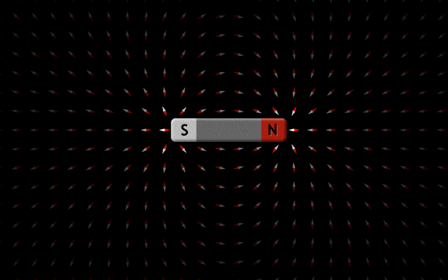Notice as I go to the outer edges of the field here that the needles fade out. The brightness of the needle is intended to give me an idea of the intensity. So I see that the needles that are closest to the magnet are lit up very brightly and that they fade the further I go from the magnet. The magnetic field lines that I can almost imagine here are exactly what I expect.